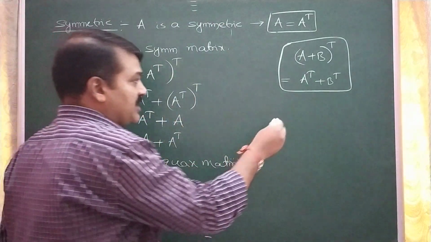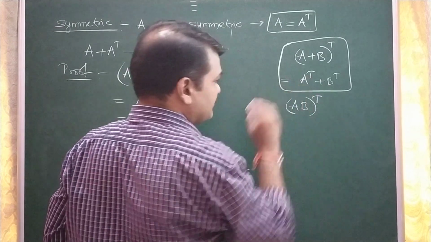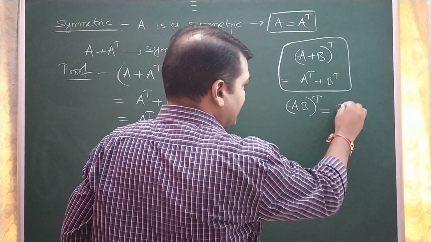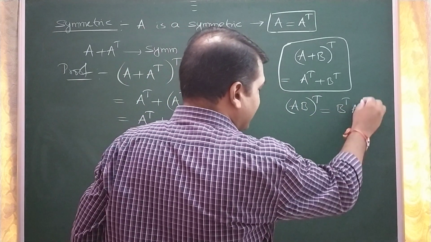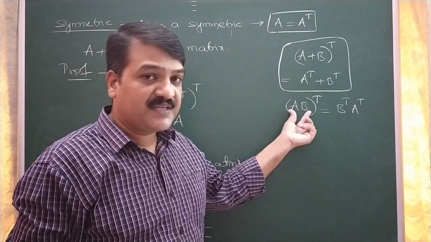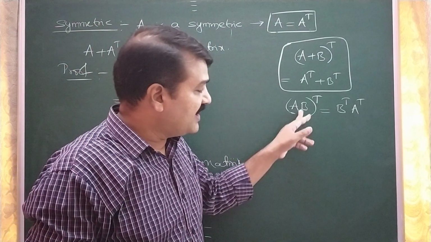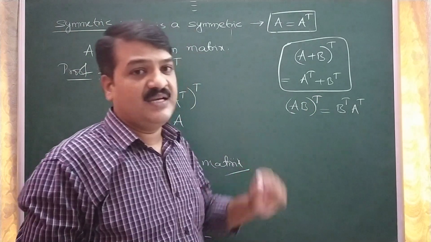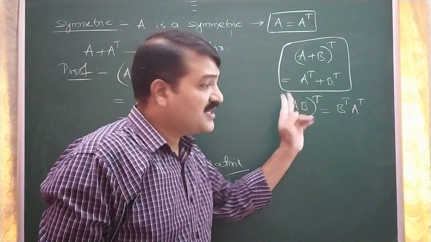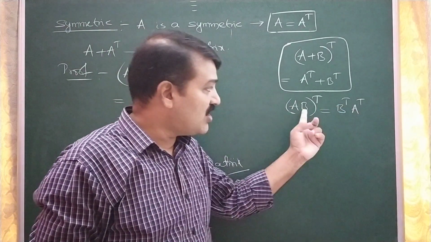Okay, so one more property. AB whole transpose will be B transpose into A transpose. So when you have the product of two matrices whole transpose, when you are taking transpose individually, order gets reversed.